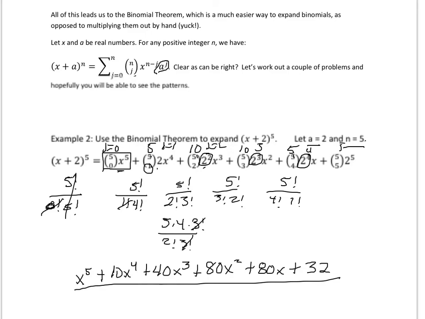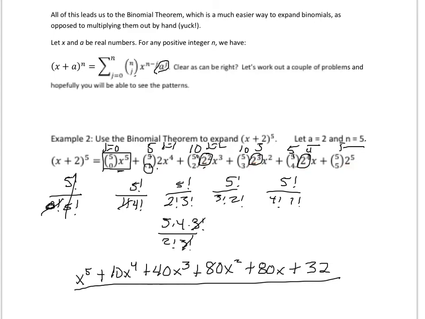So for each term I have A to the J power. So in this first term I have 2 to the 0 power, which is just 1. So in this term, I have 2 to the 0 power, so that's why I don't have a 2 there. This term, I have 2 to the first. 2 to the second, 2 to the third, 2 to the fourth, 2 to the fifth.